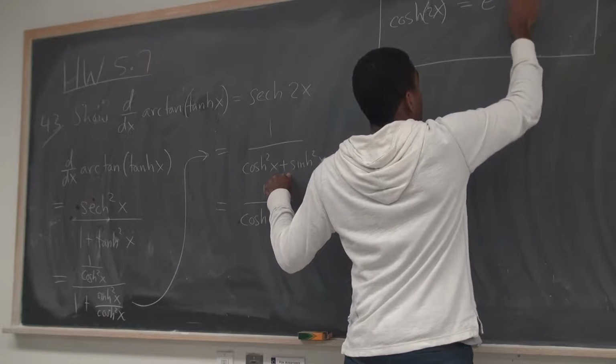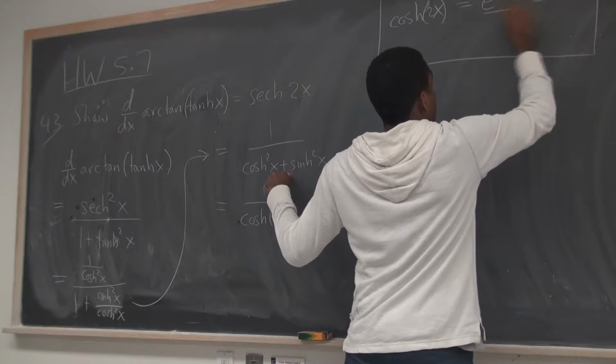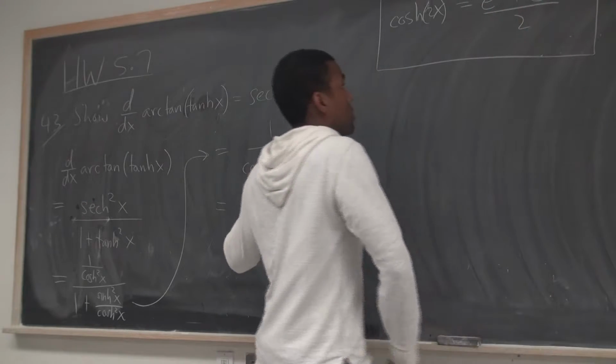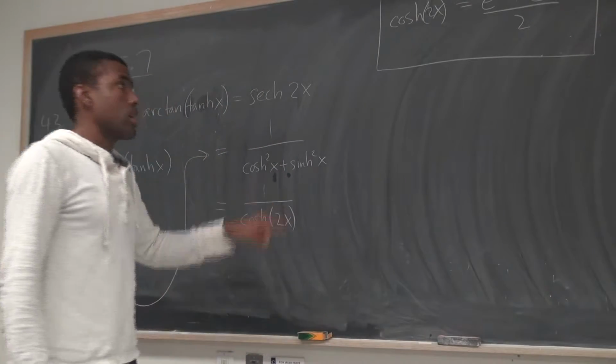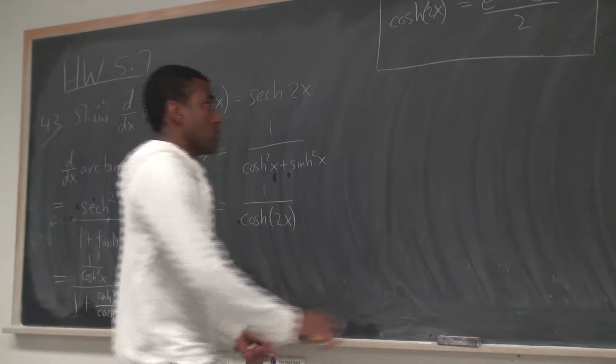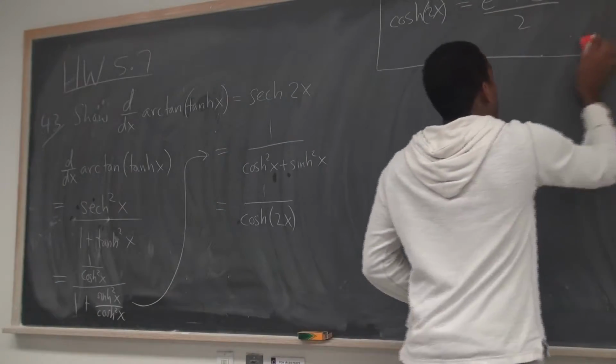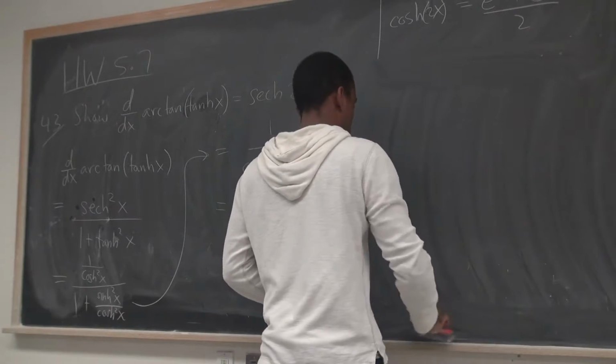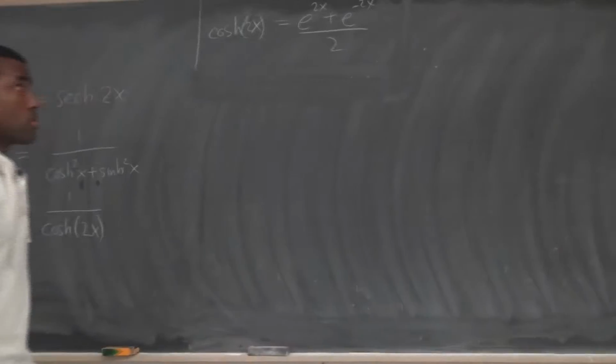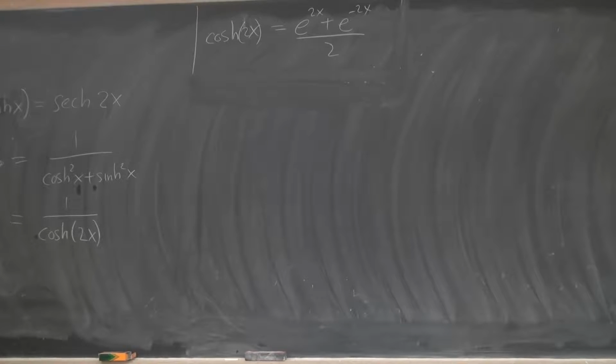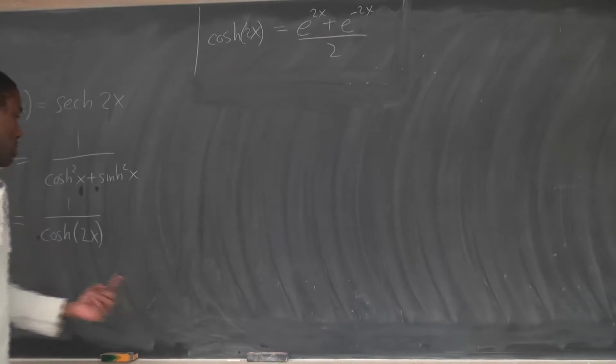E to the 2x plus e to the minus 2x over 2. How do you know that's this guy? How'd you get from here to that?